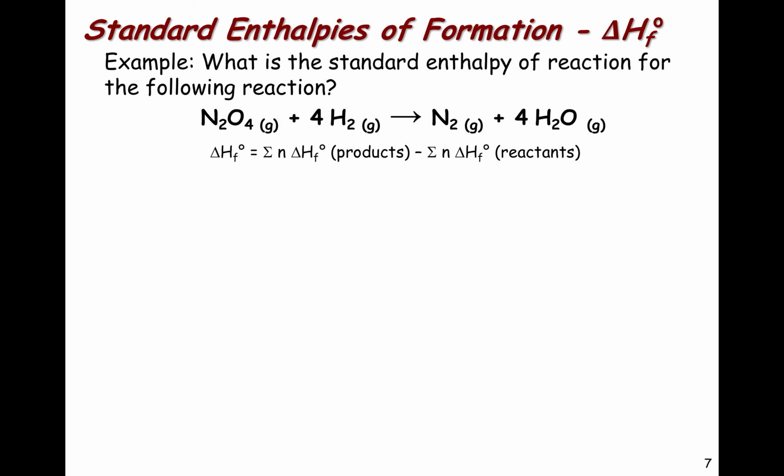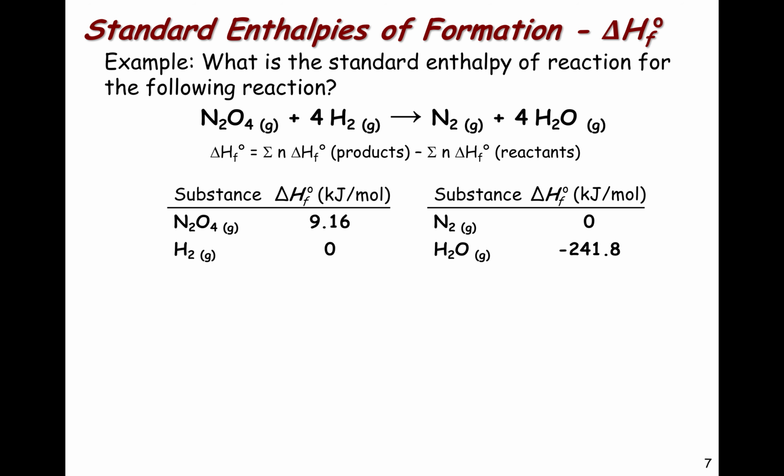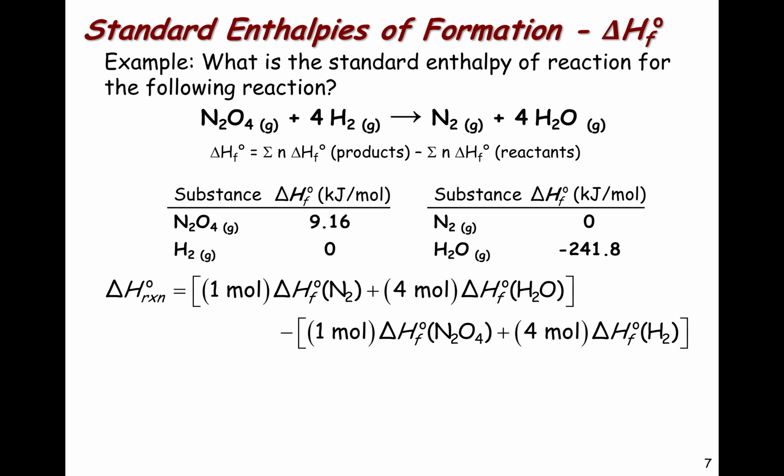As an example of how to use this equation to calculate the enthalpy of a particular reaction, we have a question asking what is the standard enthalpy of the reaction between N2O4 and elemental hydrogen, which requires 4 moles of H2 to produce elemental nitrogen, N2, plus 4 moles of water in the gas phase. So in this case, our overall equation is that delta H is equal to the sum of the products minus the sum of the reactants.